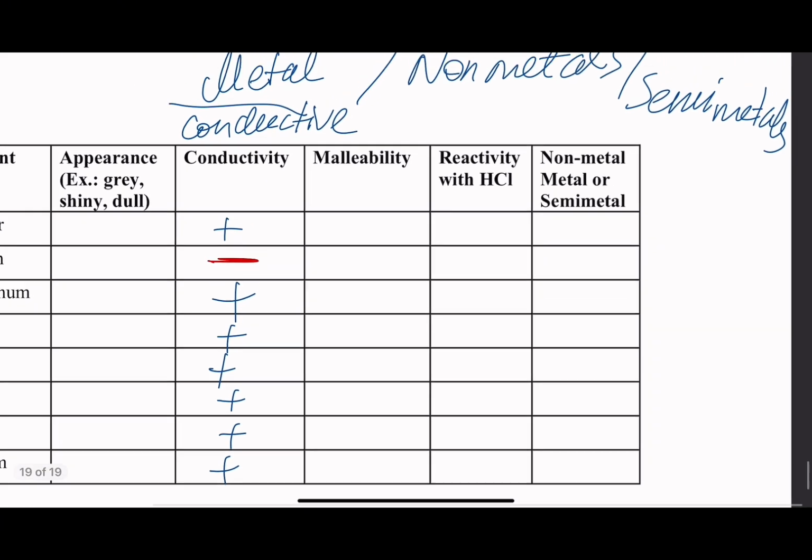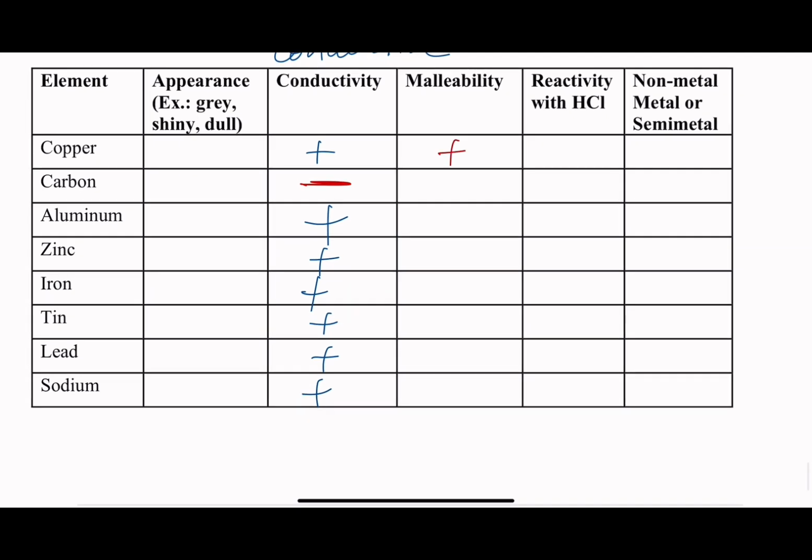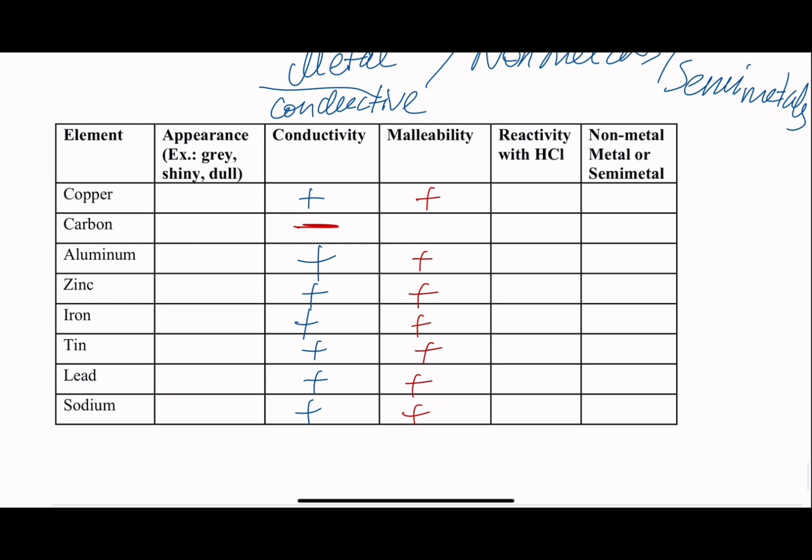Okay, malleability, so I know that all the metals will be malleable, so it will be. Reactivity, I know from metals that are really highly reactive. We also did this in the lab. Only one of them that was highly reactive was sodium. The other ones were not as reactive if they had any reaction. Carbon did not have any reaction at all.